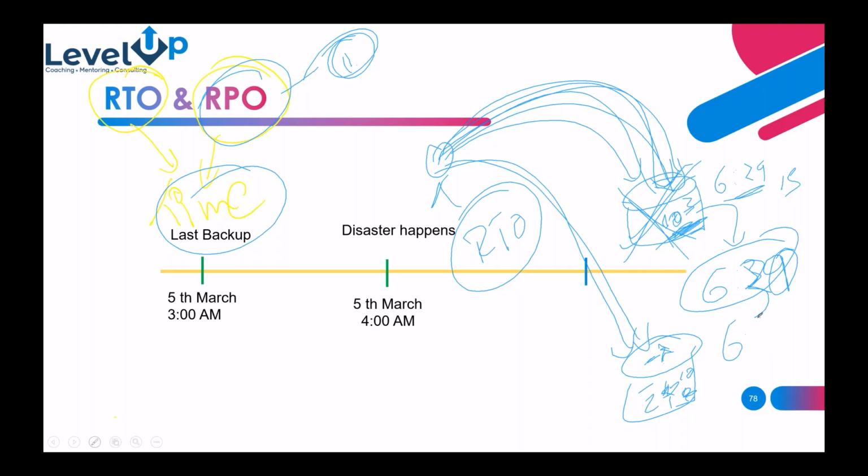If the database crashes at 6:30, what data is available? This data 10 will be available here. This data 3 will not be available because we have agreed on an RPO of 1 minute. That means at any time the database crashes, from the secondary database I can access the data that was available 1 minute before the database went down. That is called RPO.